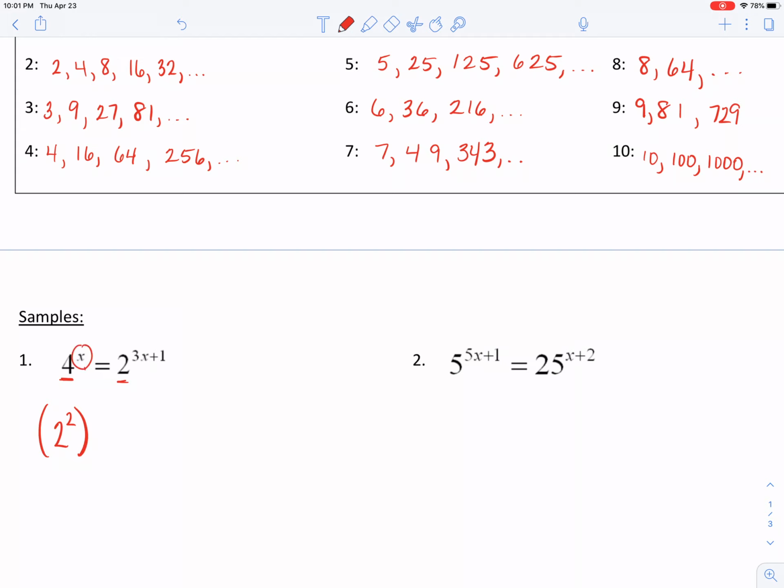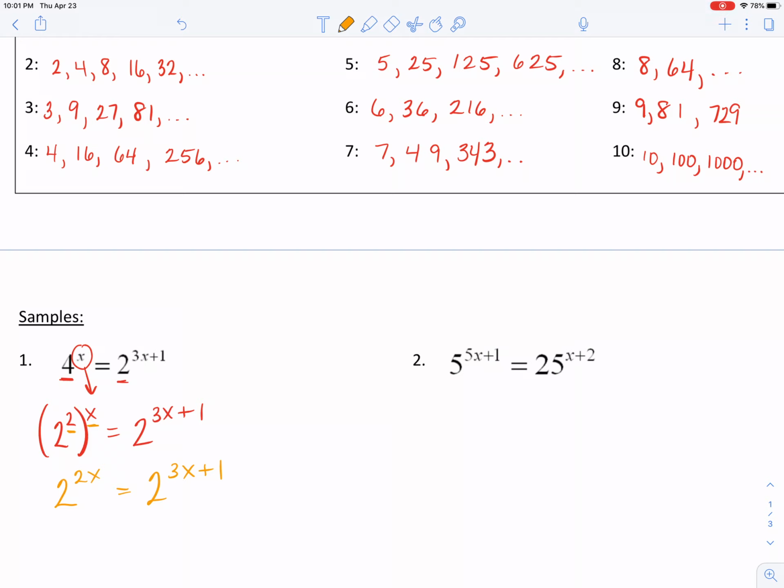And then I'm just going to bring down that exponent that was there, x, equals 2 to the 3x plus 1. The next step is using the power to power rule. So I keep the base and I multiply the inside and outside power. 2 times x is 2x. Then I could bring down the other side because that's enough to have common bases.